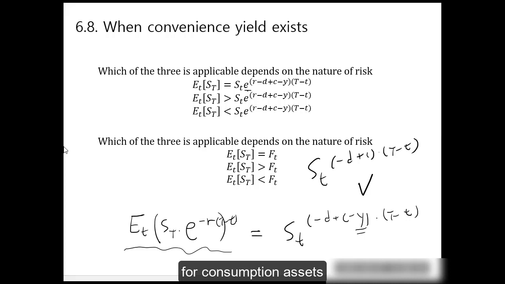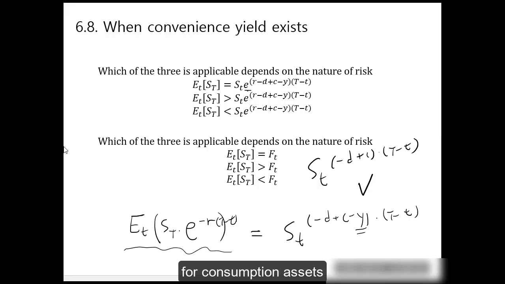So for crude oil, you can say that the current spot price is smaller than the present value of expected spot price after adjustment. But we don't know the difference exactly because we don't know the convenience yield. So that's what we will end up saying.